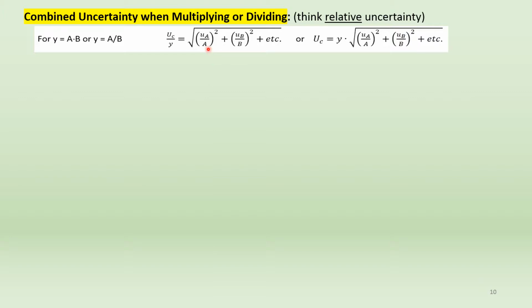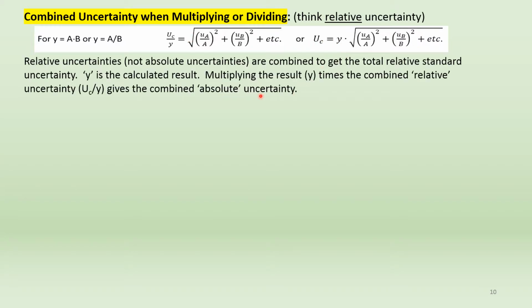Now, if I want to calculate the absolute uncertainty directly, I could just cross multiply this result y and bring it to the right, and that will give it to me directly. Let me read this with you. The relative uncertainties, not absolute uncertainties, are combined to get the total relative uncertainty. y is the calculated result.